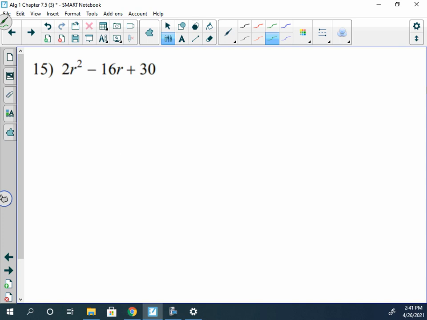So we can factor 2 out. If we factor 2 out, what we'll be left with is r squared minus 8r plus 15.